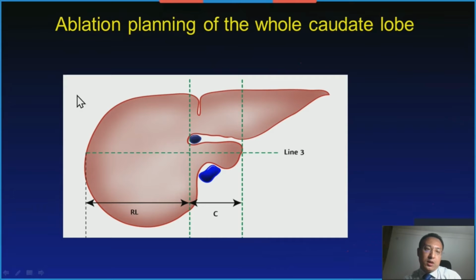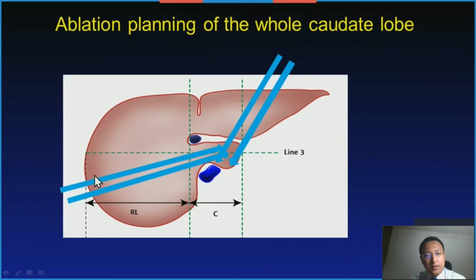So for this patient, our ablation planning of the whole caudate lobe is, first, we insert 2 antennas through the left into the spigelian lobe. Second, from the right lobe, we insert 2 antennas to ablate the pericaval portion and caudate process.